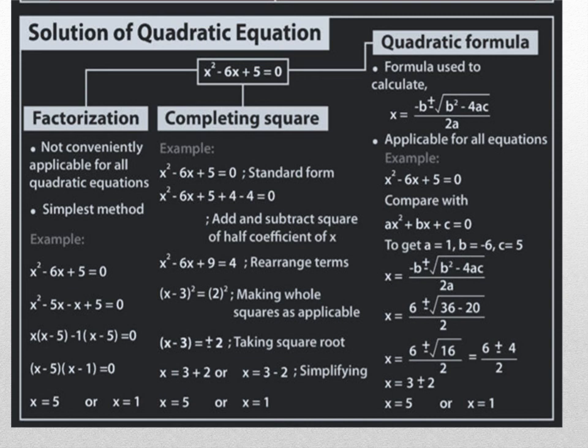All three methods are different from one another, but it is as simple as that. The quadratic formula is a little easier than the completing square method. Factorization is also the simplest method. The quadratic formula is applicable for all equations.